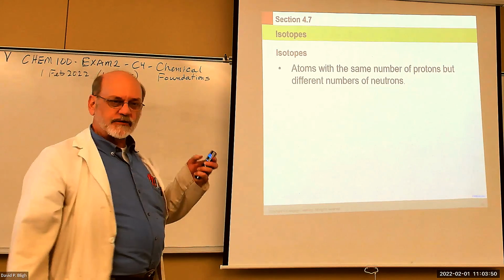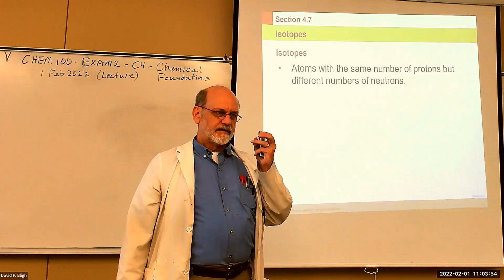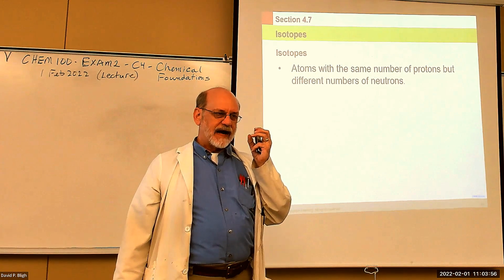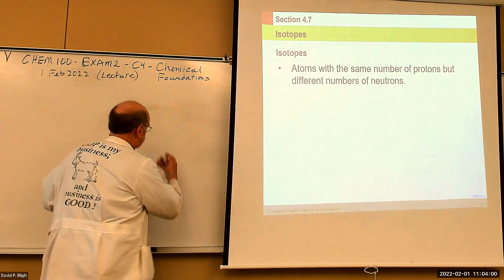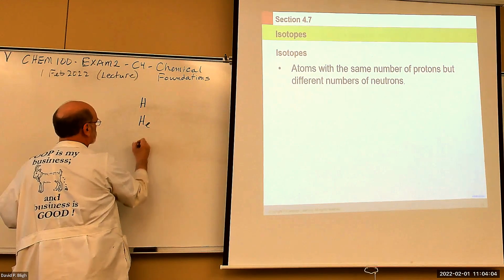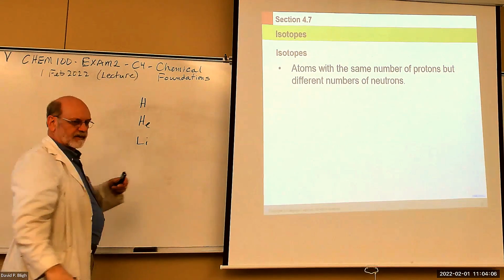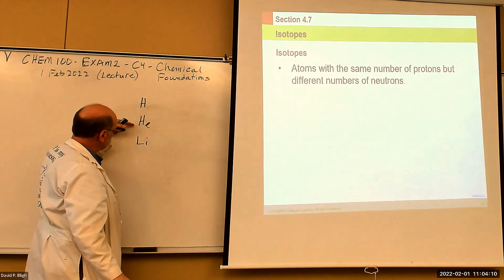But for isotopes, remember that neutron part? The identity of any element is due to, let's see, hydrogen, helium, lithium, for instance. Remember what I said? What is in this position here?